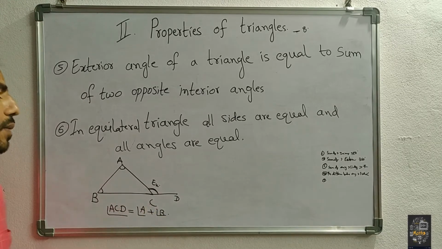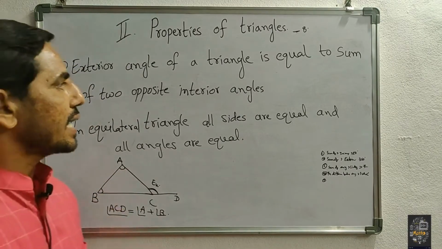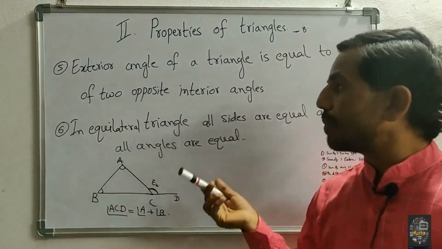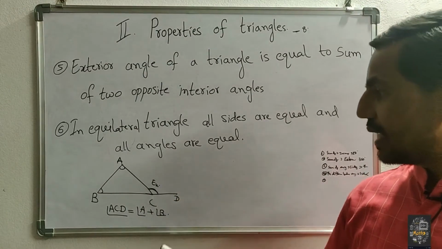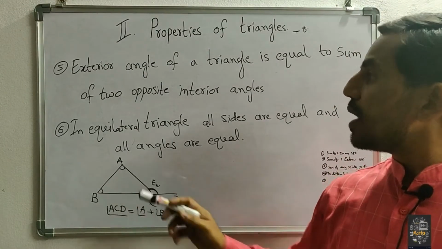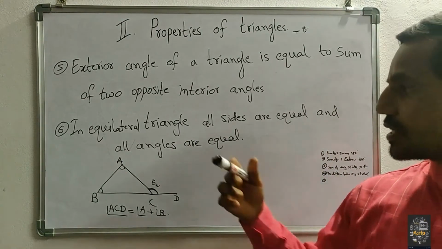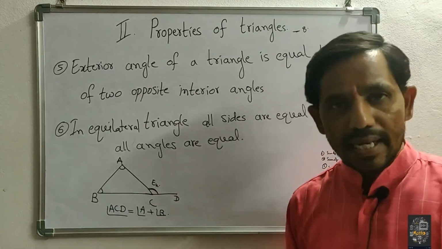This is the property. Once again, exterior angle of a triangle is equal to sum of two opposite interior angles. This is the fifth condition, means property. Next condition, that is sixth one, in equilateral triangle.